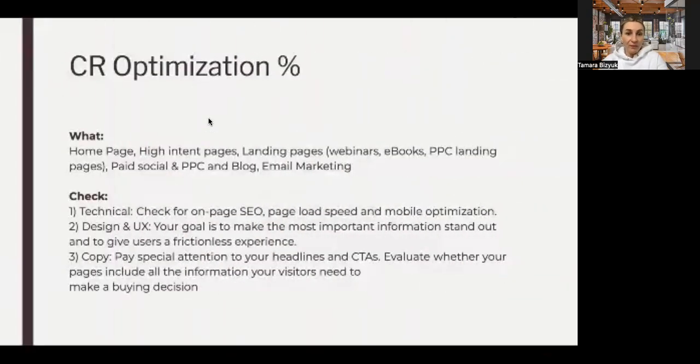But here's the summary. Basically you look at where the conversion rate of the website is very low. It's the homepage, and it's especially relevant for high-intent pages, like pricing, product pages, landing pages, especially when you run PPC ads, otherwise you are wasting your marketing budget.